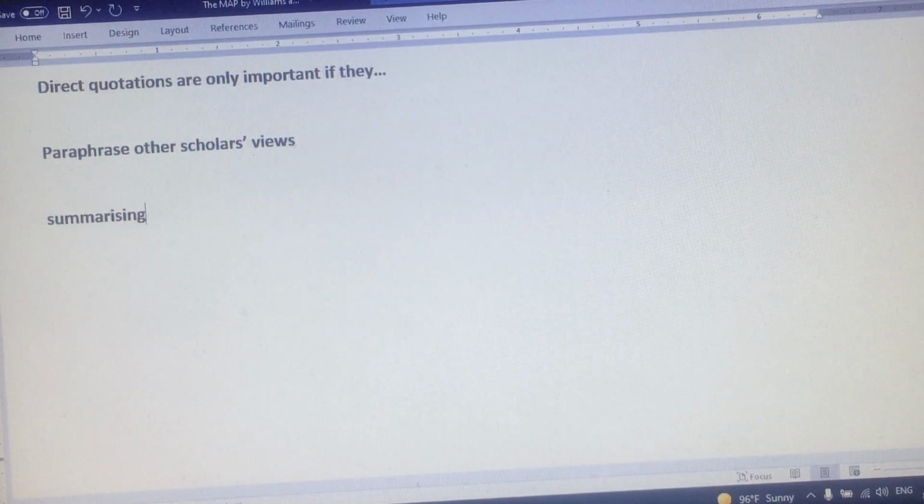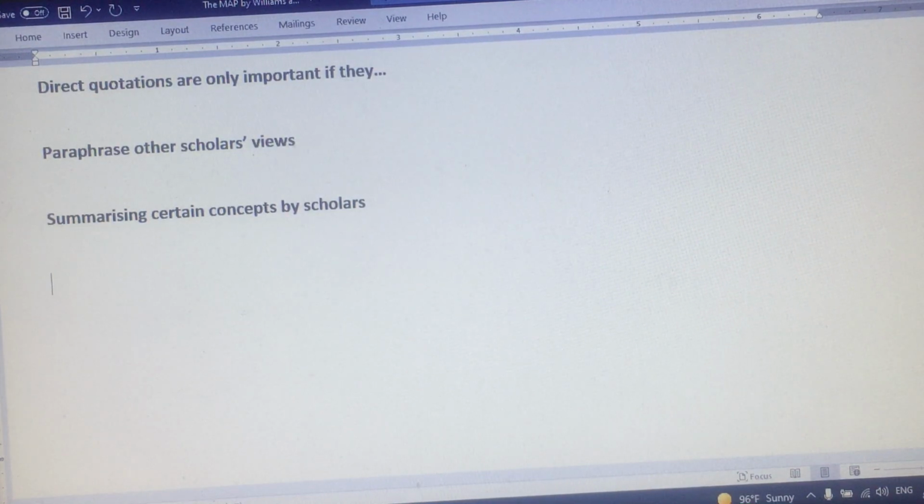Sometimes you might summarize certain concepts said by other scholars, and then you refer to them in brackets, with the name of the scholar and the date. So you either summarize what the scholars have said, paraphrase their views, or use quotation marks.